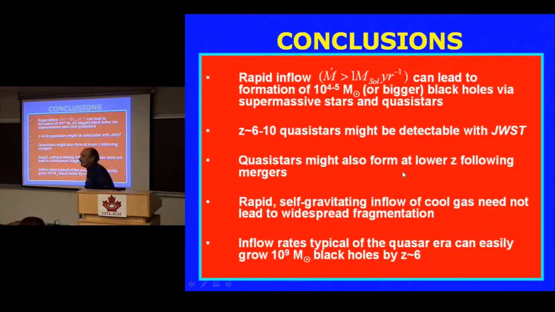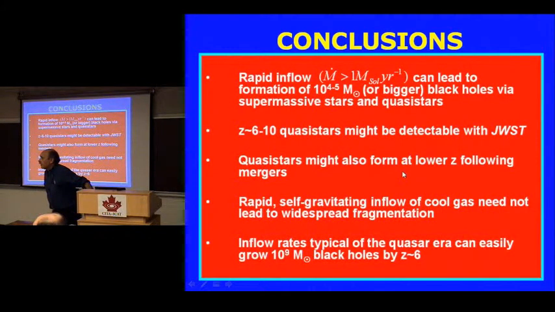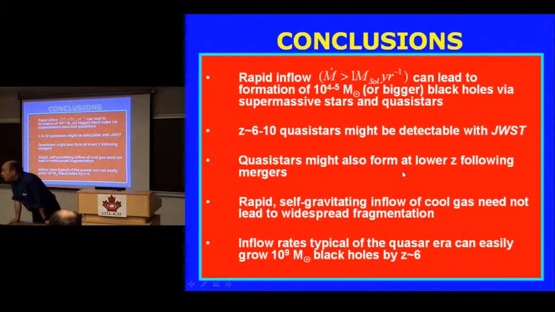Would your model actually predict the large bias factors of these quasistars? Maybe. I mean, they would predict you tend to form these where you can have very large infall rates first. So those would presumably be the largest scales at this given time.